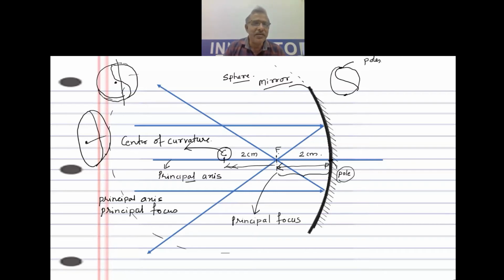This one. And then after that, pole. This is pole. Then center of curvature. Right? So this is the center of curvature.